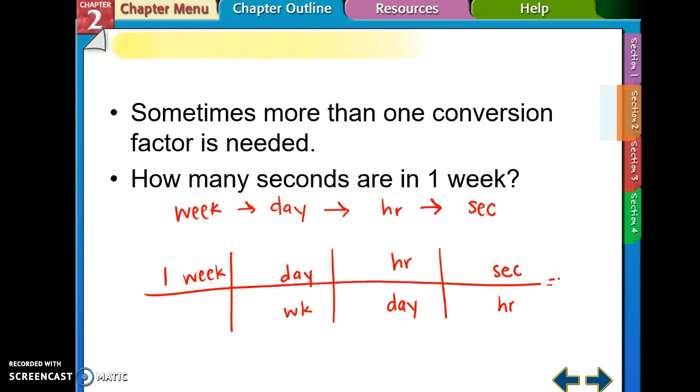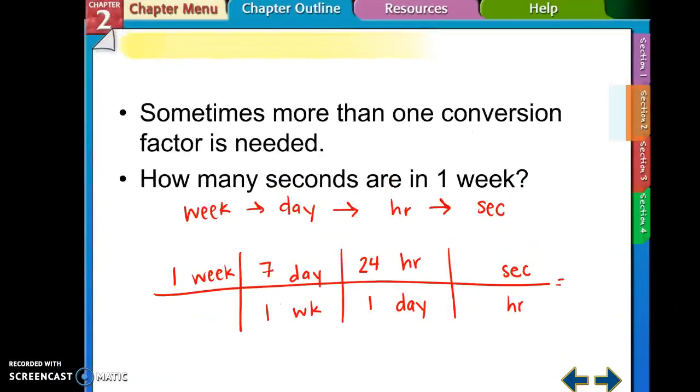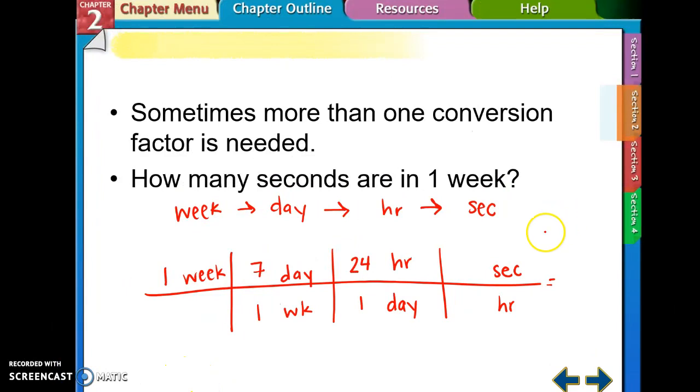So we know these. How many days are in a week? There are 7 days in 1 week. How many hours are in a day? There are 24 hours in 1 day. And there are 60... Oh, I'm sorry. I can't go from hours to seconds. I would have to go to minutes, and then I would have to go to seconds.